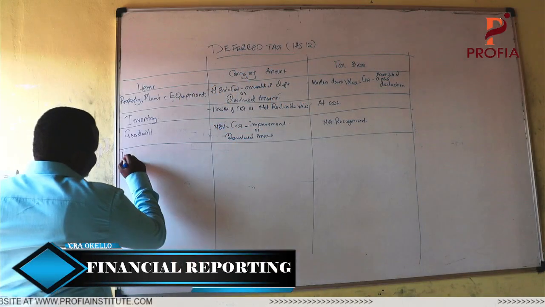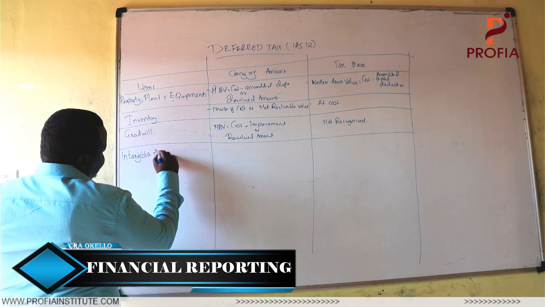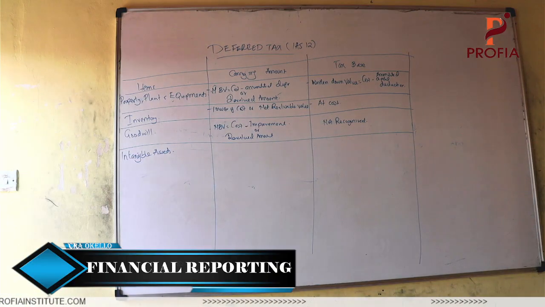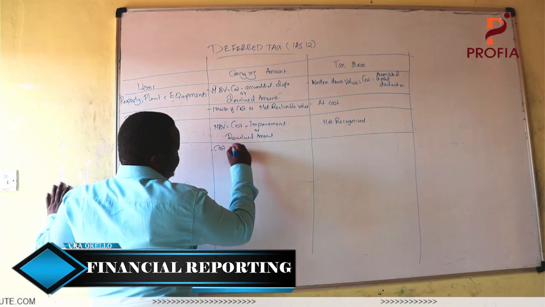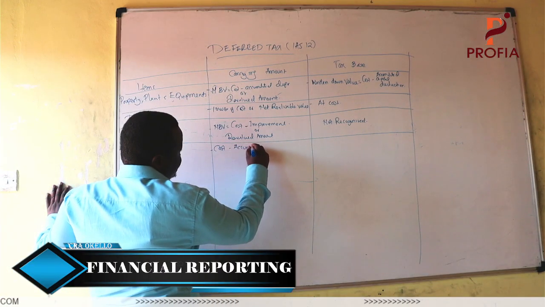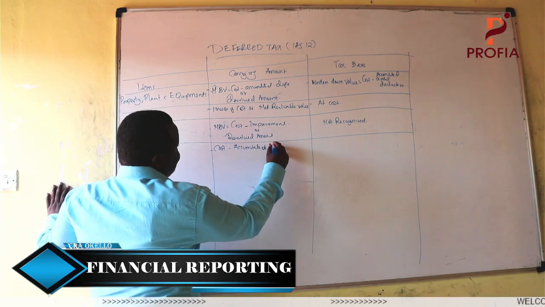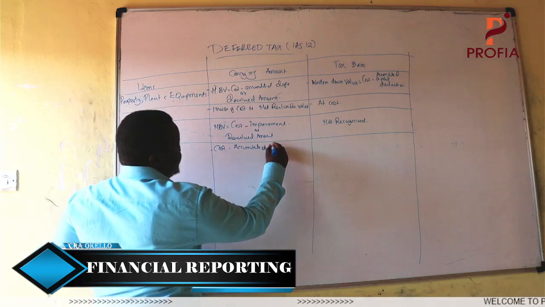Intangible assets. Cost minus accumulated depreciation, or do you call it amortization?